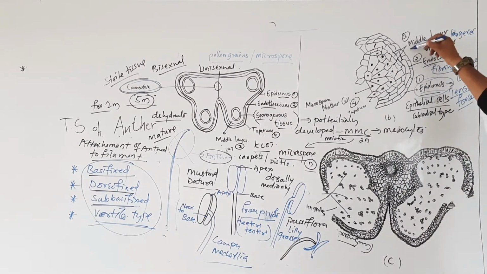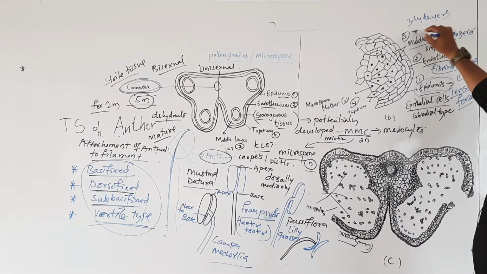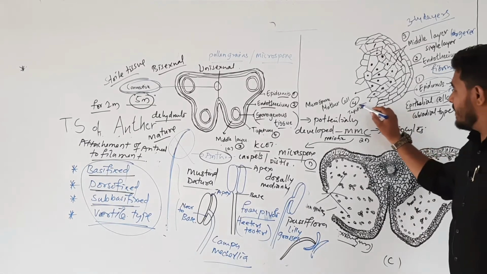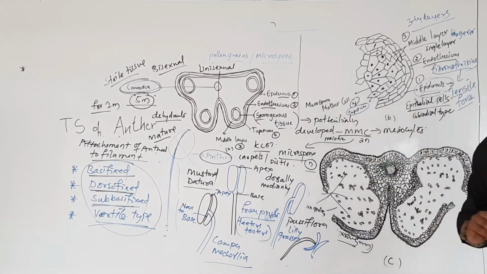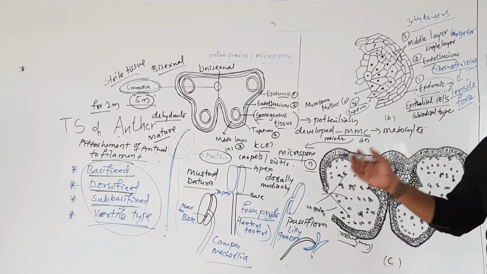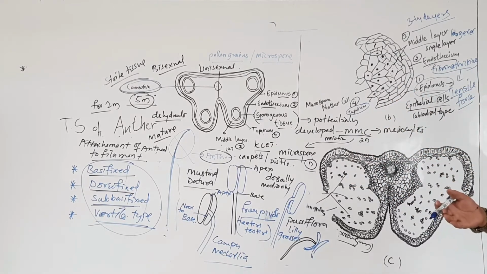The next is the middle layer. It is composed of 3 to 4 layers, and when the anther matures, this layer may disappear. The last layer is most important, that is called tapetum. In NCERT it is given that the tapetum nourishes the developing pollen grains, and for that it has dense cytoplasm and is multinucleated.